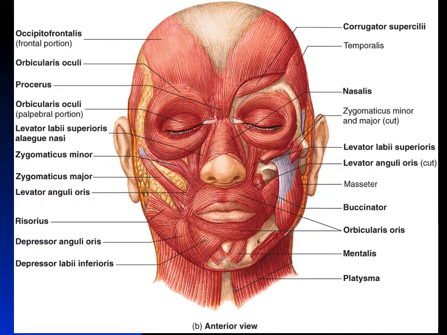Also the levator labii superioris, which pulls the mouth up, like when you're grimacing or making certain expressions like contempt or anger.